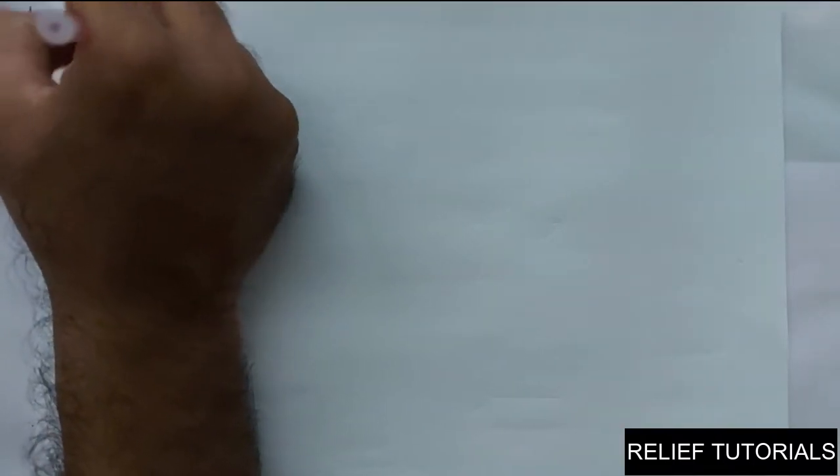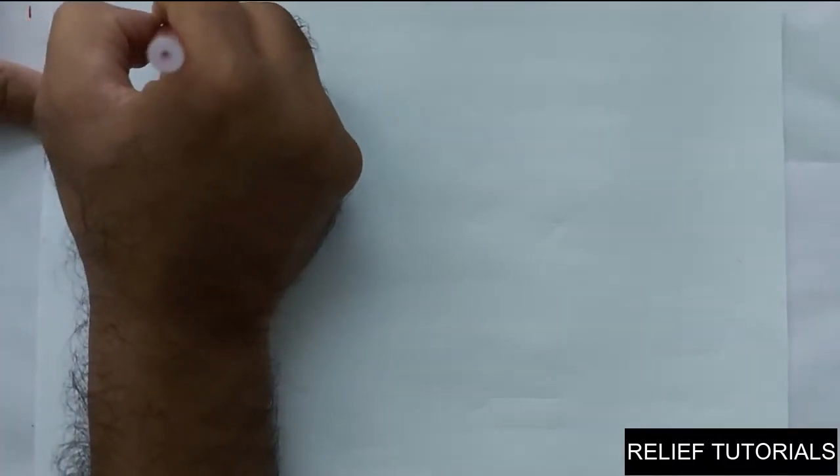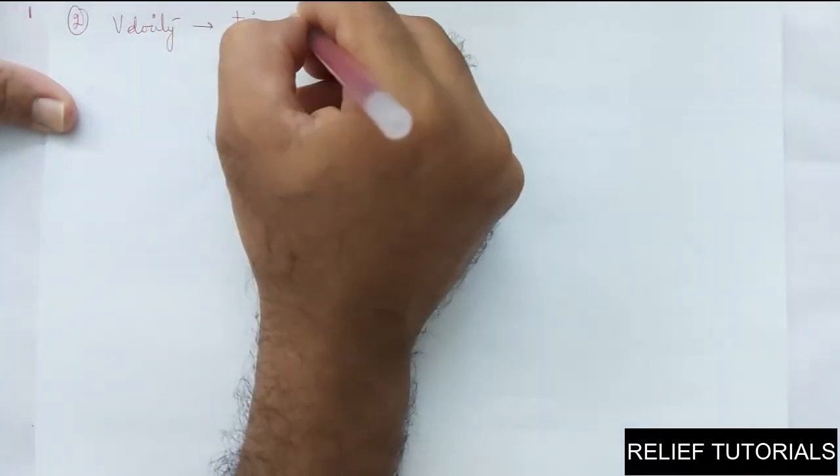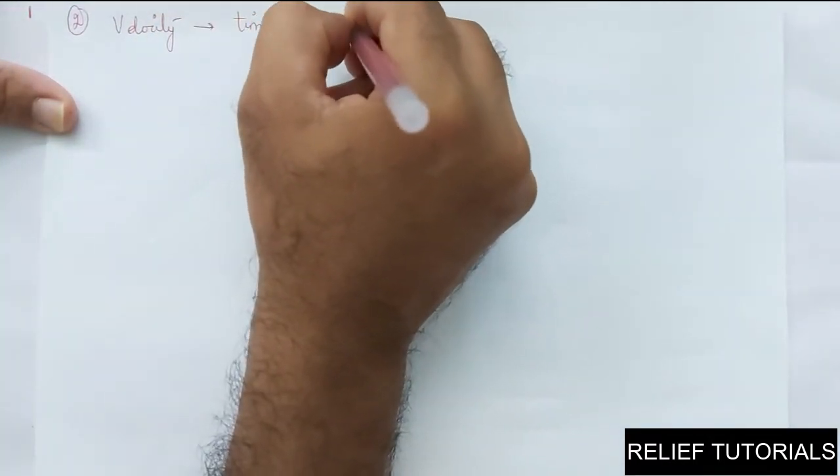Okay, so now the next type of graph is the speed versus time or velocity versus time graph.